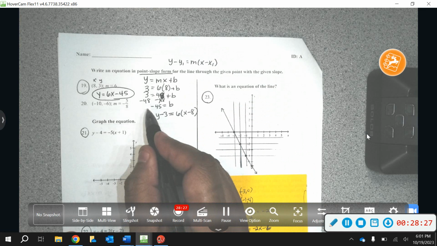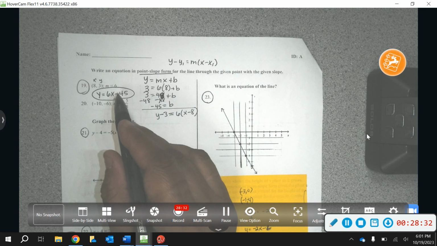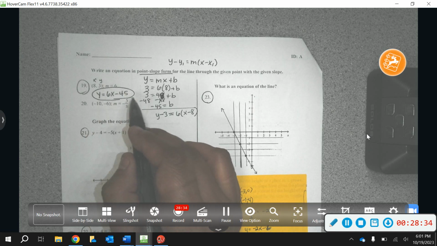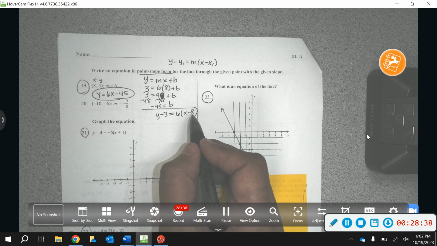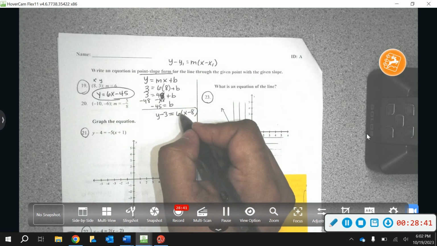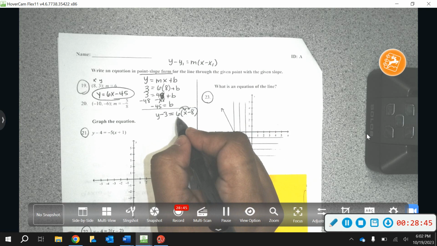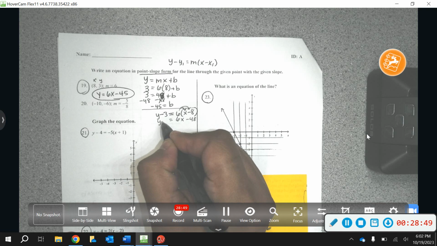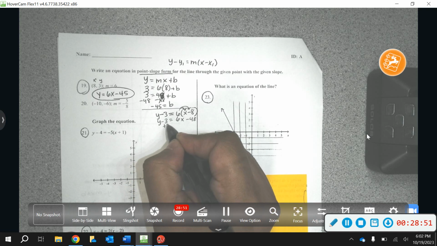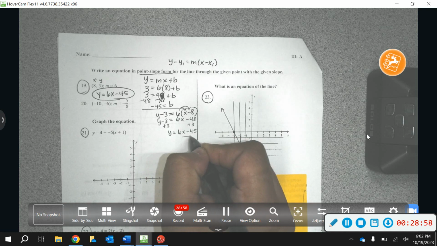But if your answers are in this form right here, and you came up with this equation, because we've been doing this over and over and over again in class, how do you go from here to here again? Well, again, 2 steps. Distribute your 6, that's multiply. So I have 6x minus 48 equal to y minus 3. And then what do I do? I add 3 to both sides, y equal to 6x minus 45.